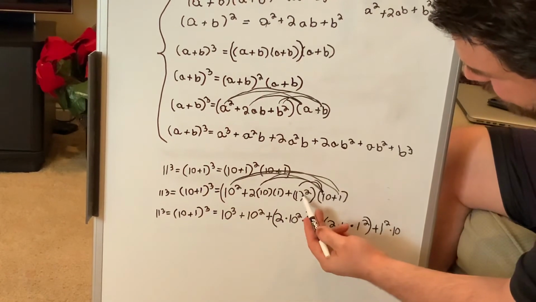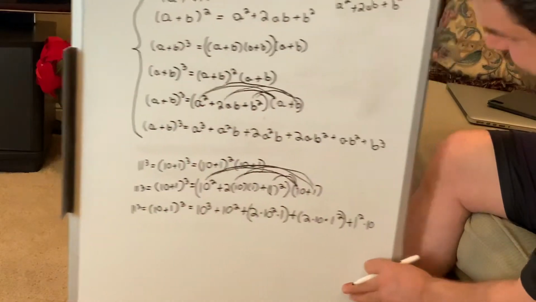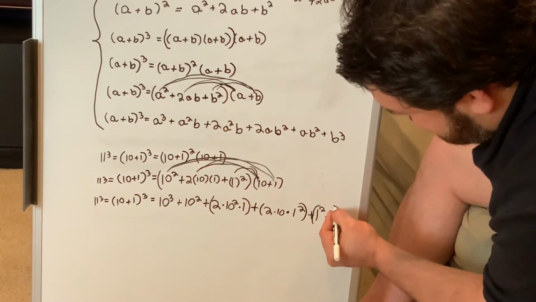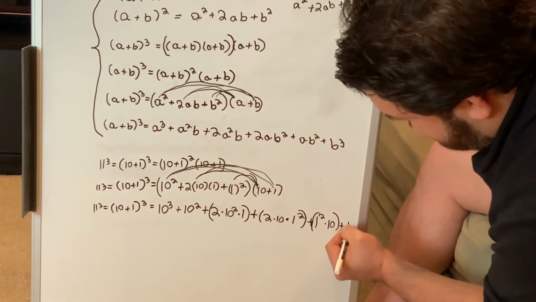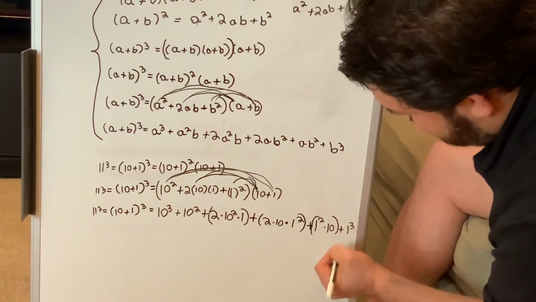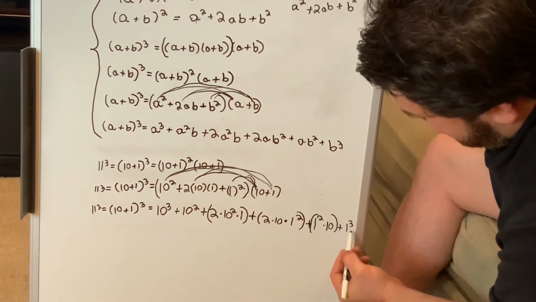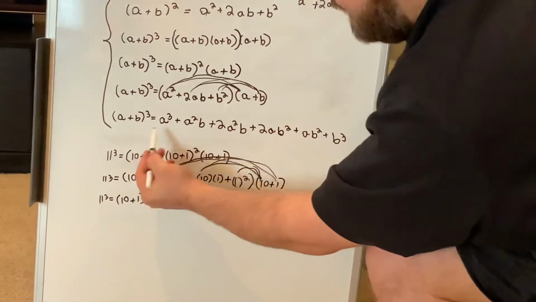And then we do 1 squared times 1, which is 1 cubed. I'm going to put this in parentheses as well and say plus 1 cubed. So just like here we ended with b cubed, here we end with 1 cubed. And so we've now replicated this line.